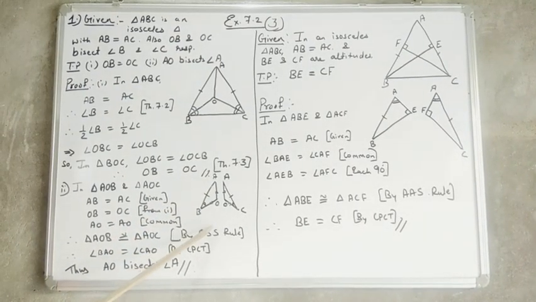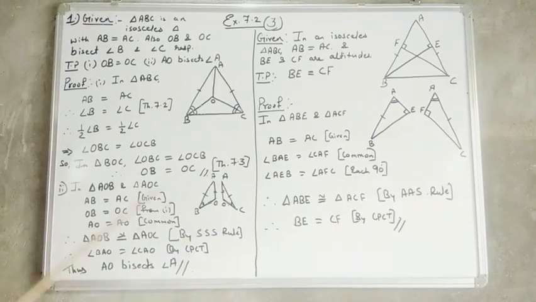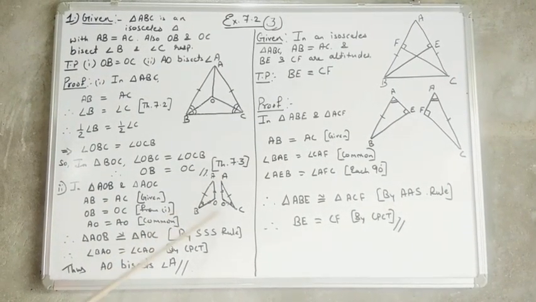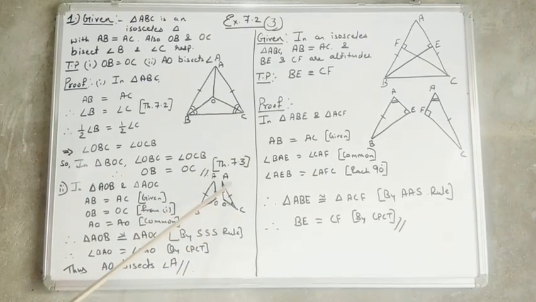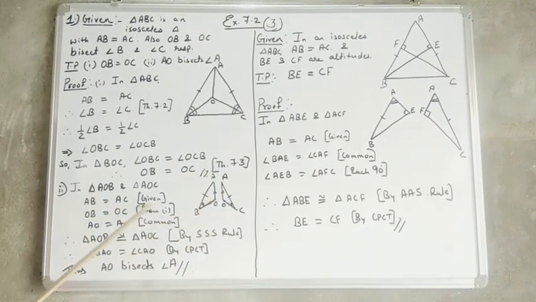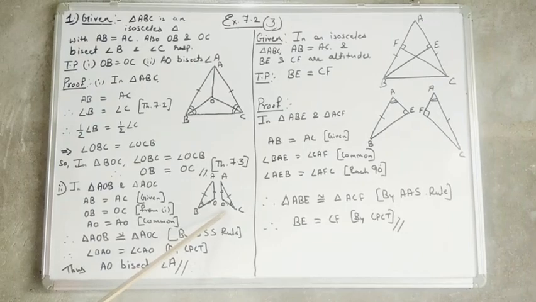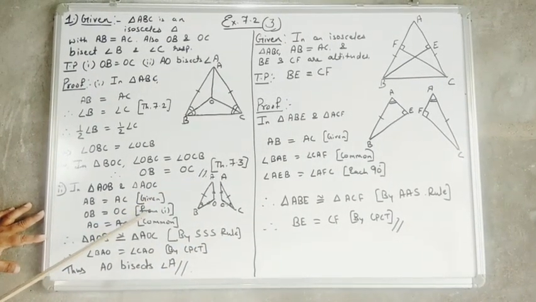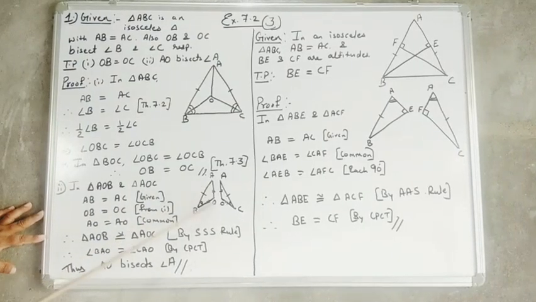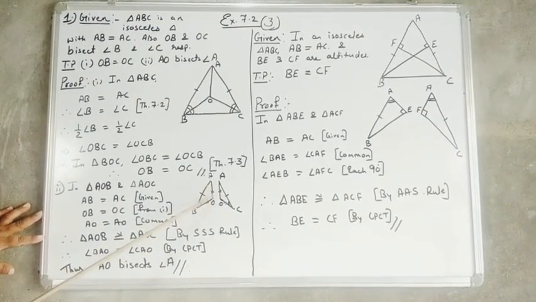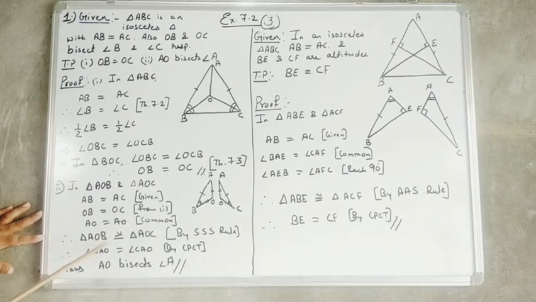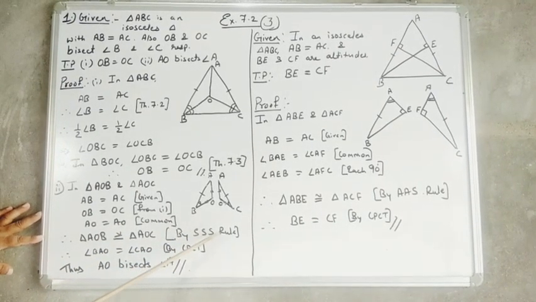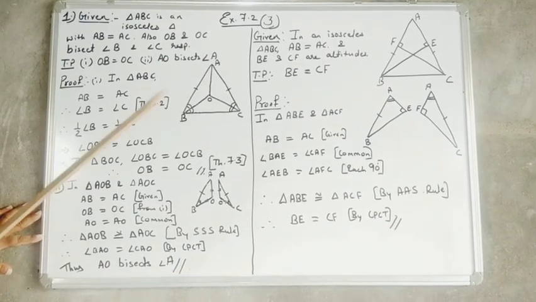Let us see how we can prove the congruency. In triangles AOB and AOC, AB and AC both are equal, that is given. OB is equal to OC, which I have already proved in the first part, and AO is common in both triangles. So both triangles are congruent by the SSS rule.